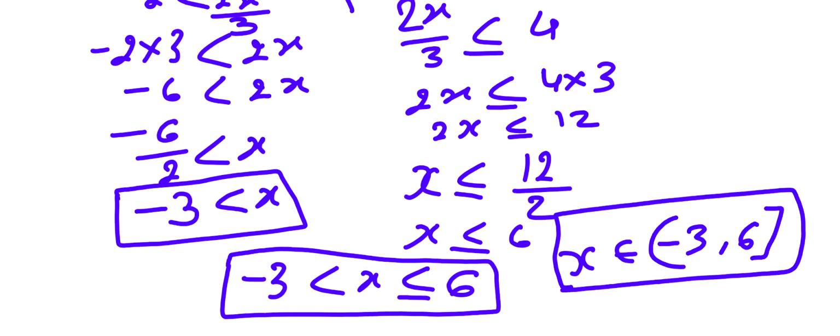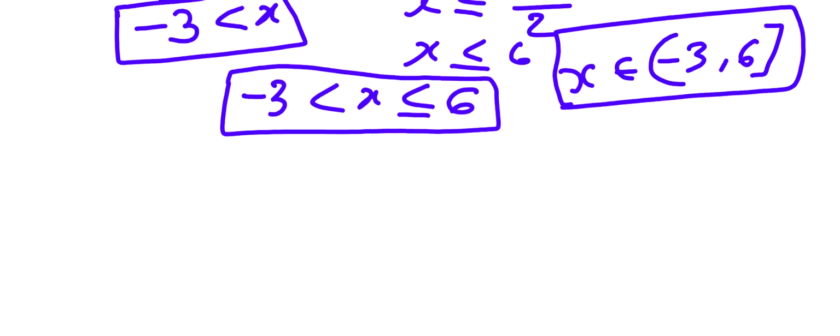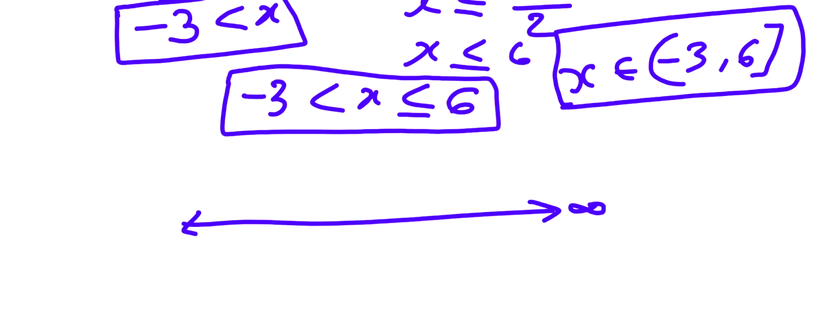And how will you represent it on the number line? On the number line, you draw a number line from minus infinity to plus infinity. Somewhere 0 will be there, and going left from 0 is negative 3, and moving to the right is plus 6.